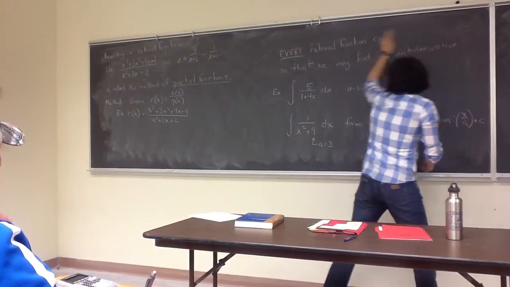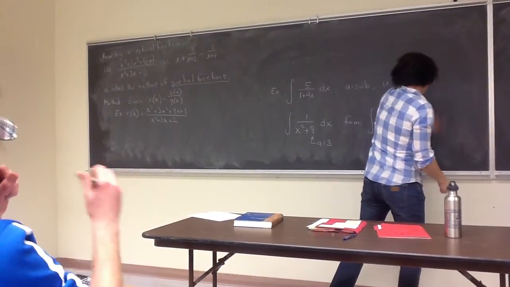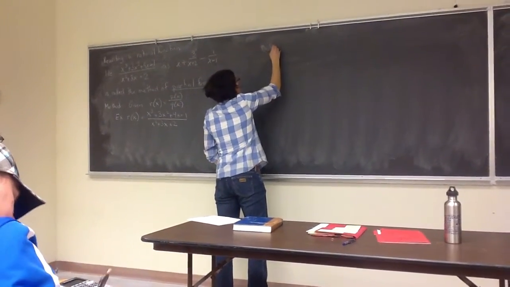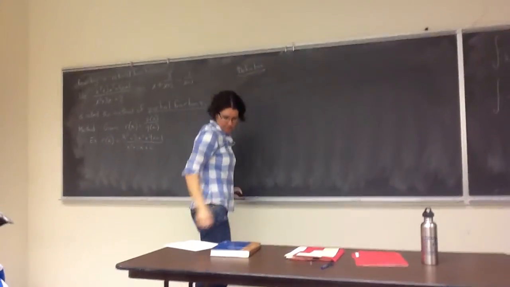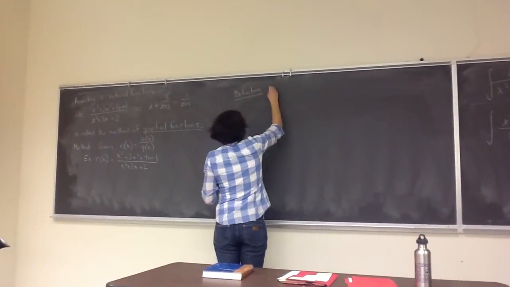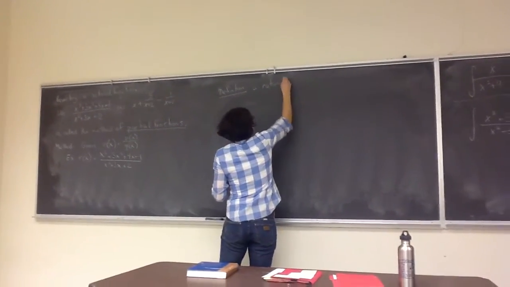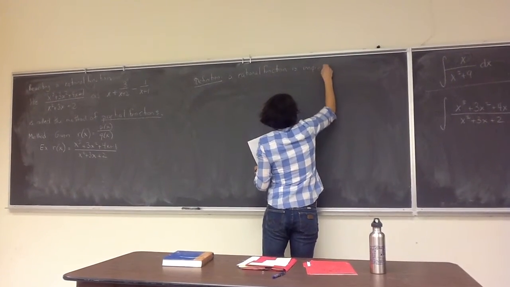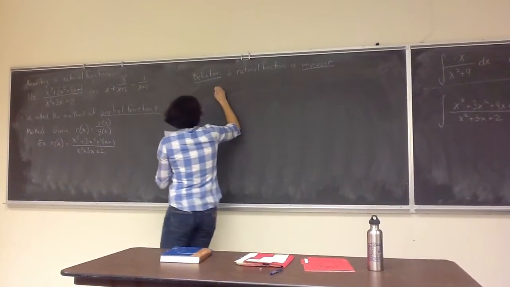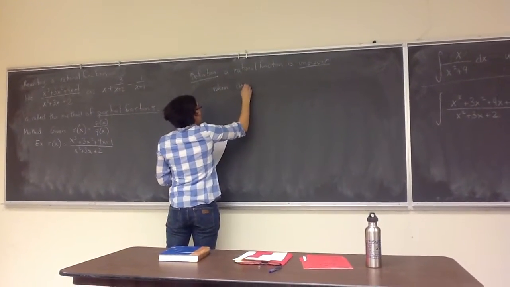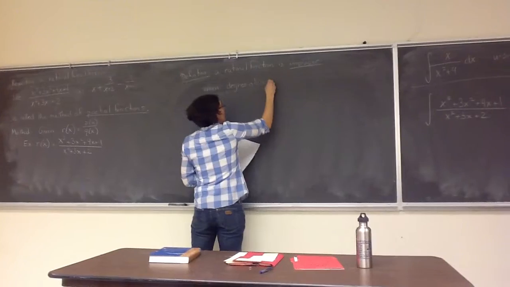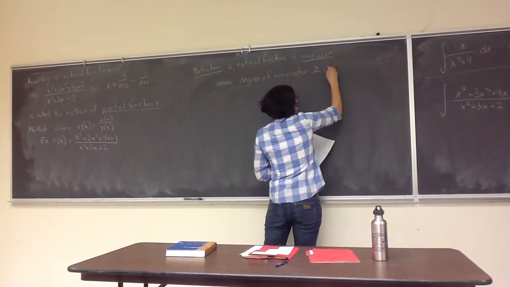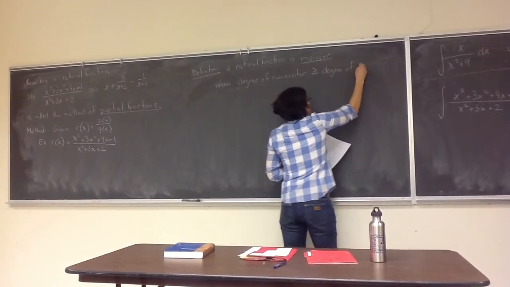Now, a definition that we need is the definition of improper. A rational function is improper when the degree of the numerator is greater than or equal to the degree of the denominator.